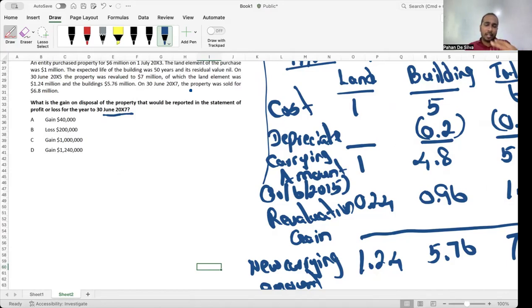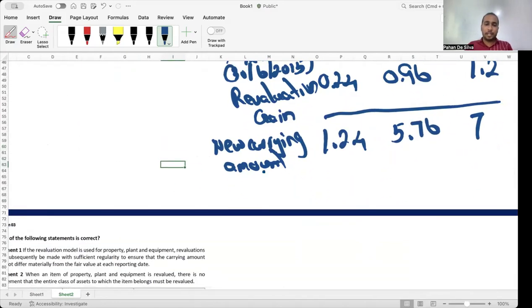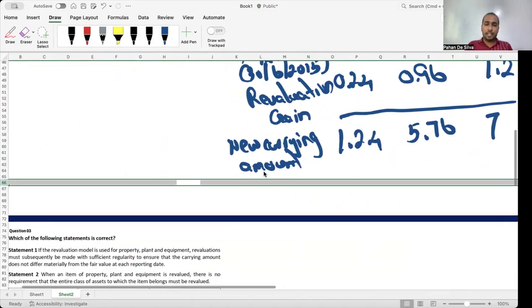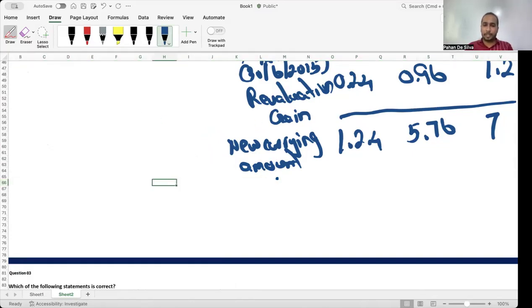Now we have to take the carrying amount of the property on the date of disposal, because the question is to calculate the profit or loss on the disposal. We need the carrying amount of the property on the date of disposal. So how can we take it?